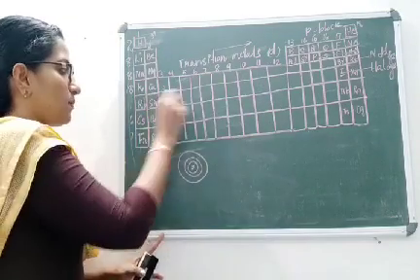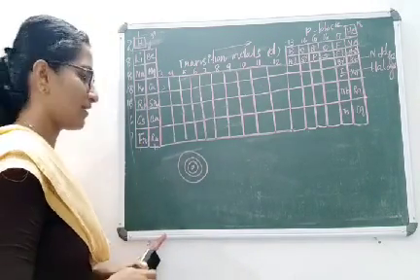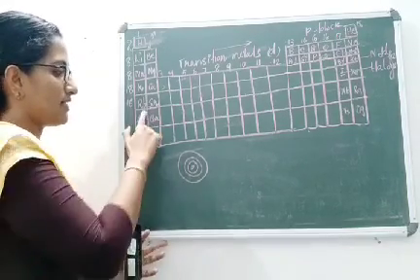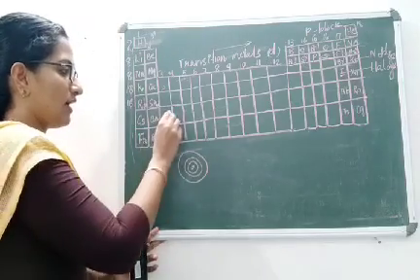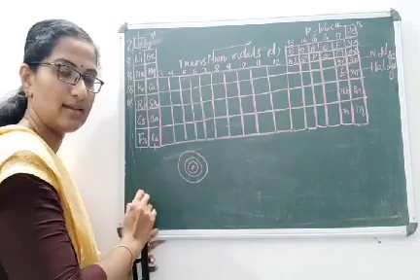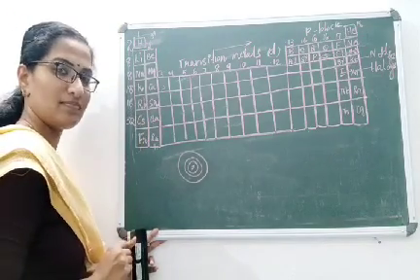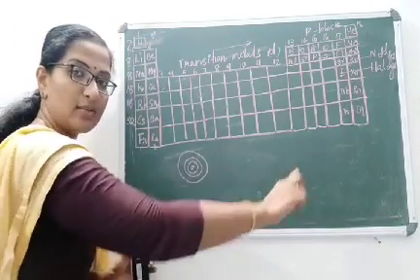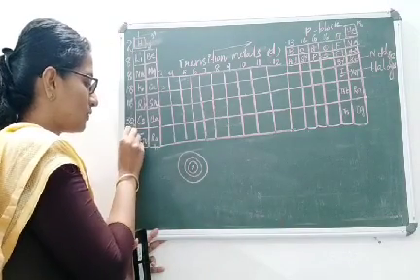Coming to the 5th period, there are also 18 elements. And coming to the 6th and 7th rows, in the 6th row, after lanthanum, there is one more row, the lanthanides. So in total it is 32 elements. Similarly after actinium, the actinoids are there. So in total 32 elements.